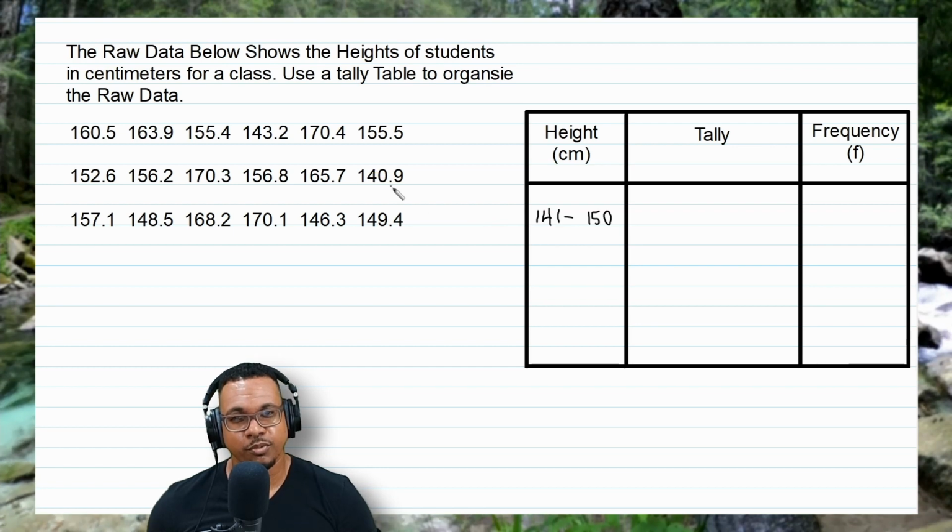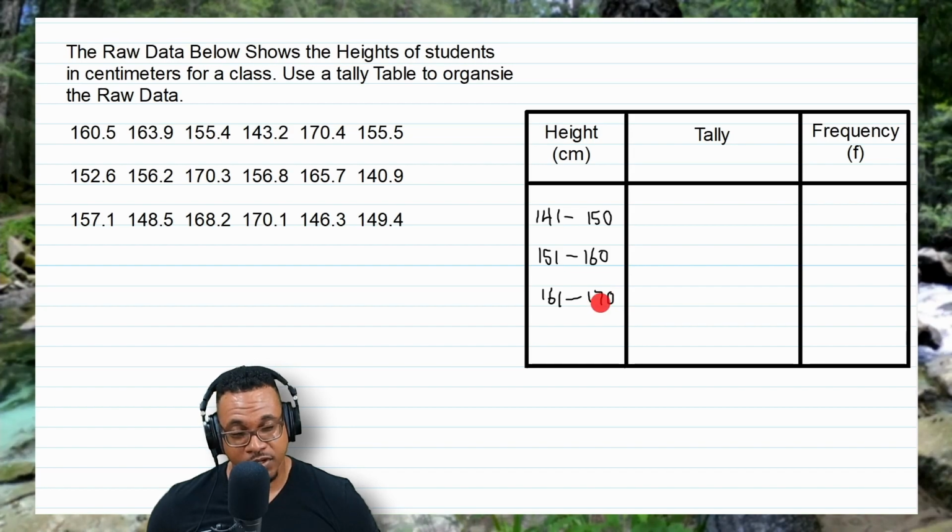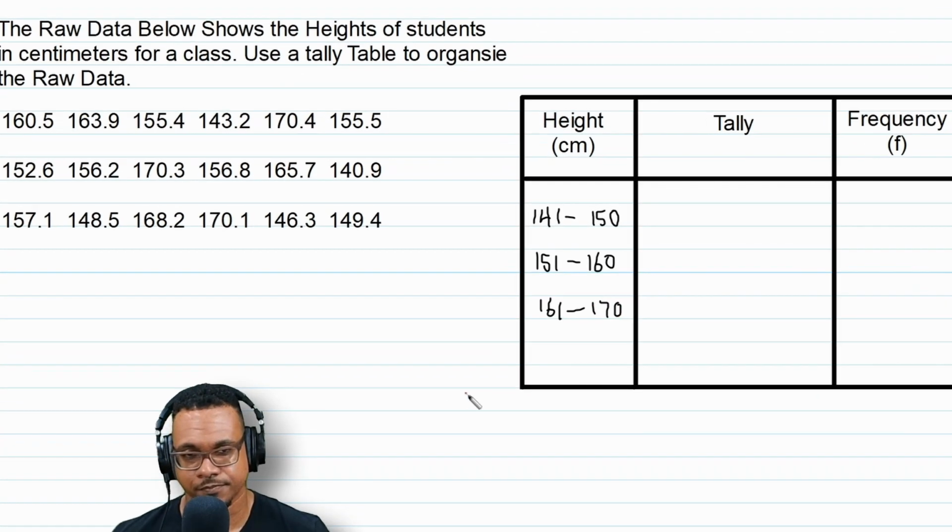So this 140.9 would fall within this class interval 141 to 150. So now continuing with this pattern, we're going to have 151 to 160. Then we're going to have 161 to 170. And seeing that my highest value is 170.1, I don't need to go beyond this class interval because this would take up to 170.5, which is 0.5 more than the upper class limit.